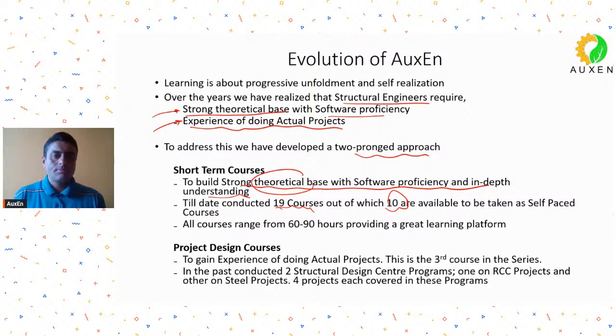This is more than what you would have in an entire semester of coursework for one subject at your engineering course, where I think you only get 50-55 hours. Here we are conducting courses which are 60 to 90 hours, so they are quite intense and theoretically very comprehensive.